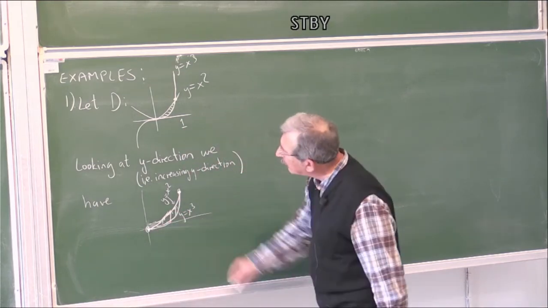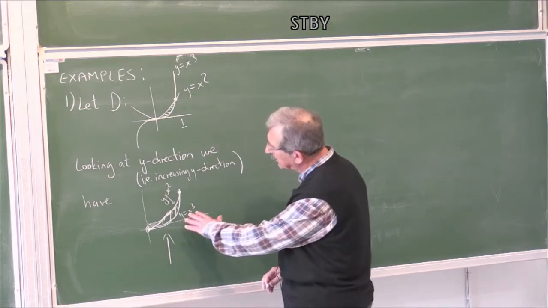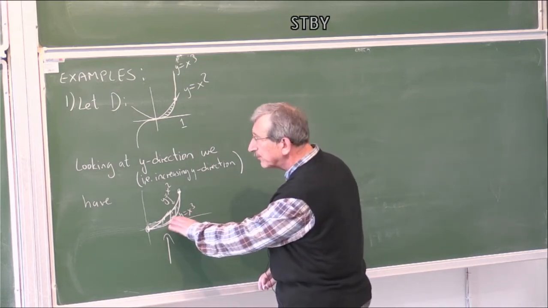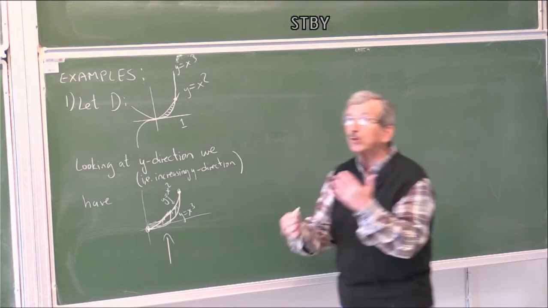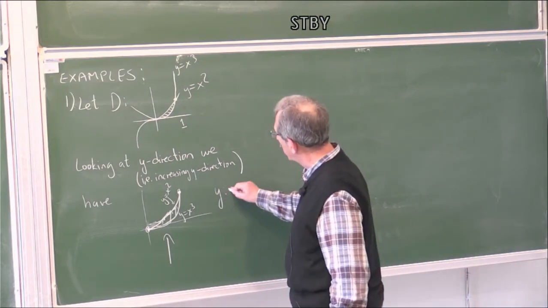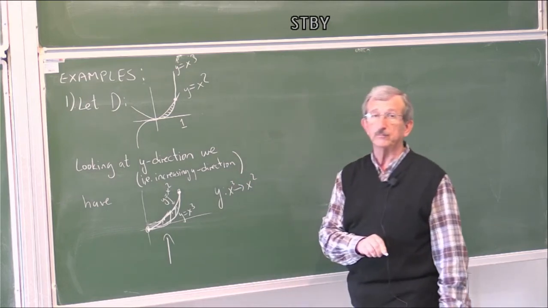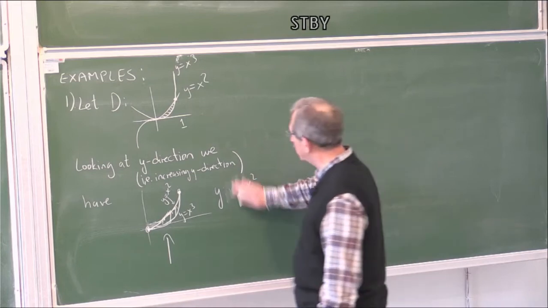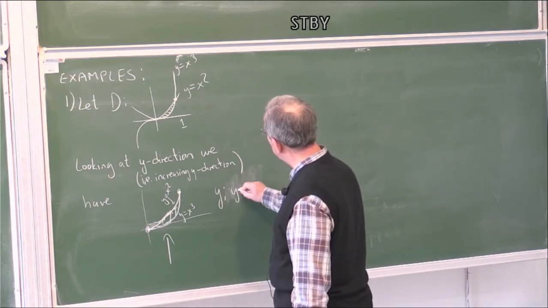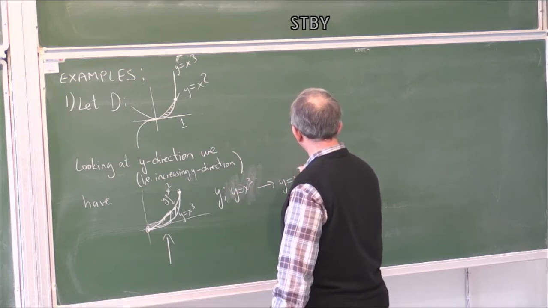In the increasing y direction, when we look in this way, we hit the cube function graph first, and then the parabolic graph. So y changes from the x cubed to the x squared curves. So let me better write it. y changes from y is x cubed to y is x squared.